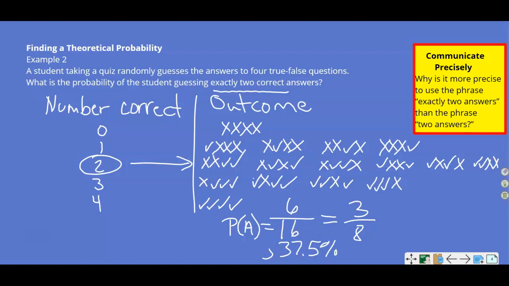For this question, a student takes a quiz and randomly guesses for 4 true-false questions. We want to know the probability of guessing exactly 2 correct answers. So the probability of guessing exactly 2 correct answers is 37.5%.